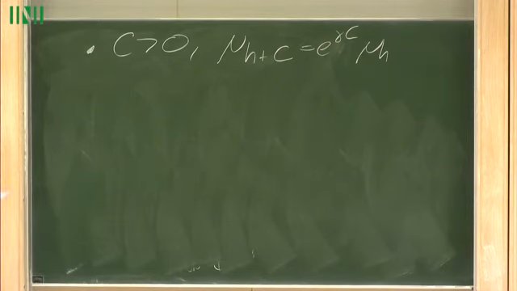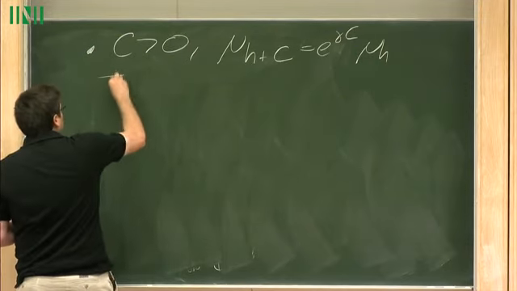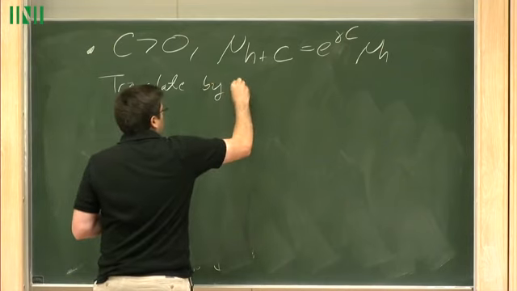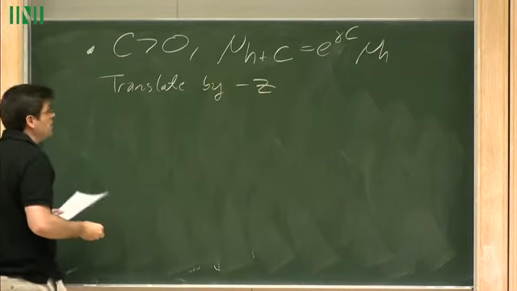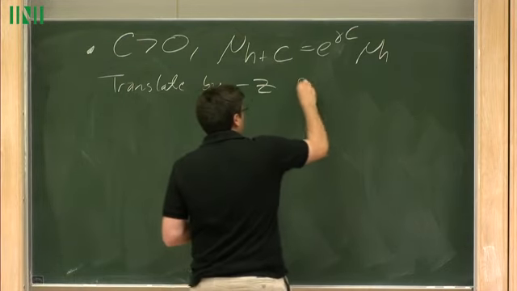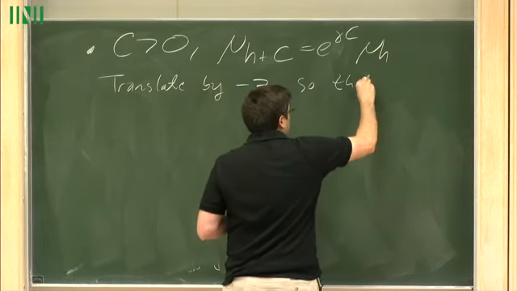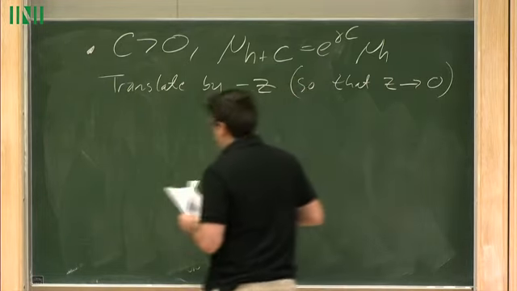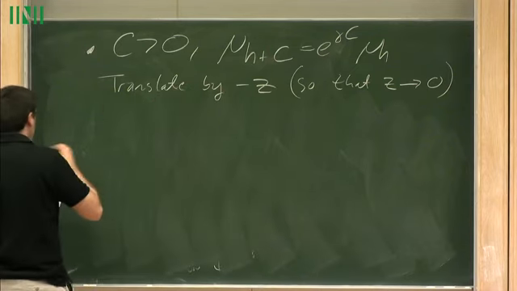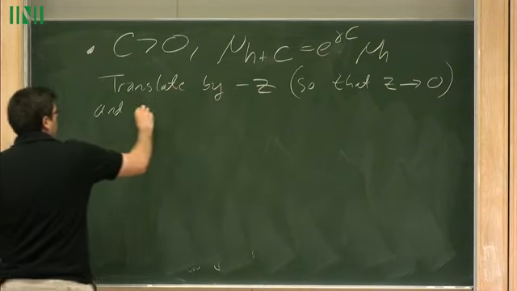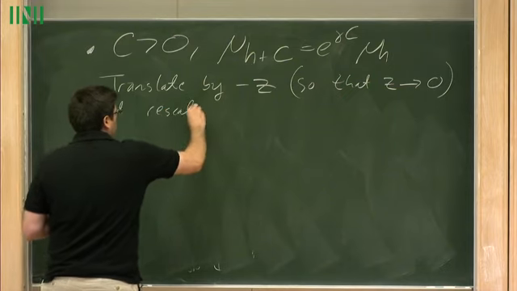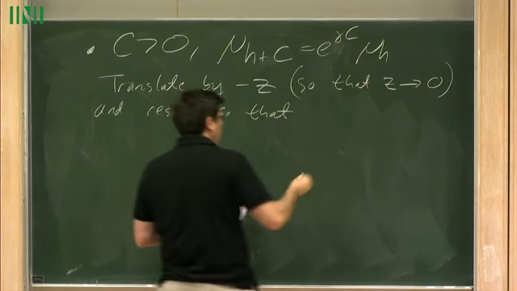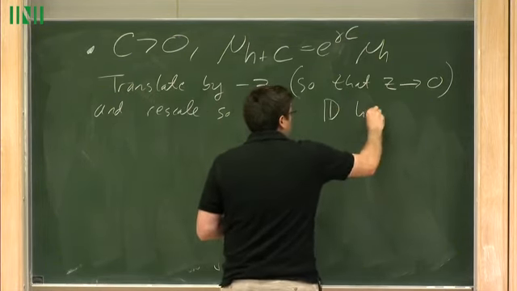So what you can do is translate by minus z, so that z goes to the origin. Okay, and then you want to rescale so that the disk has 1 unit of mass.